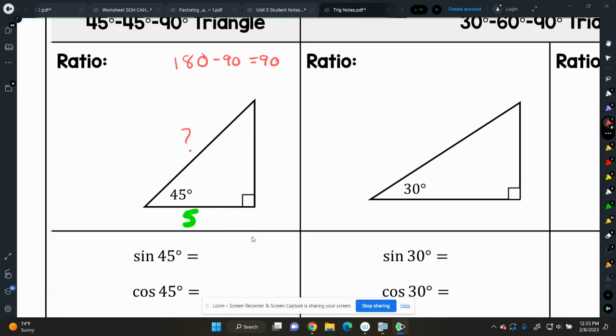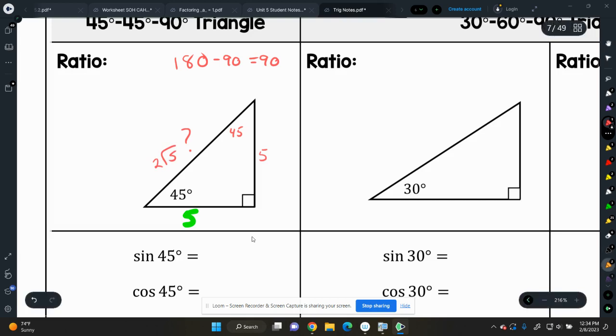You can do this without knowing the 45, 45, 90 ratios, because most likely, since you're all smart, you would figure out that's 45 degrees, and that would have to be 5 there. And then you'd use the Pythagorean theorem to come up with 5 square root of 2 on that side.